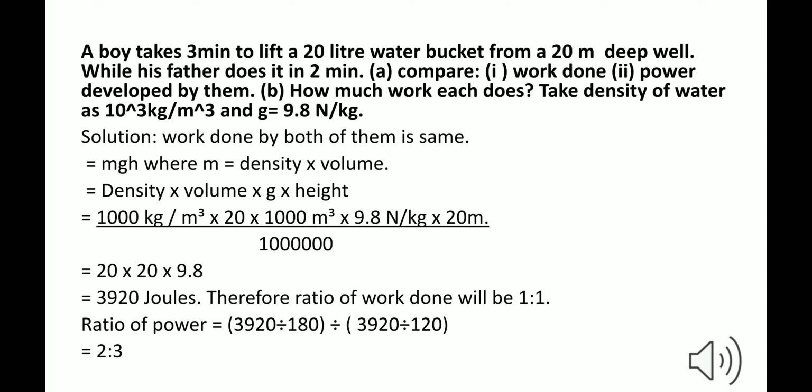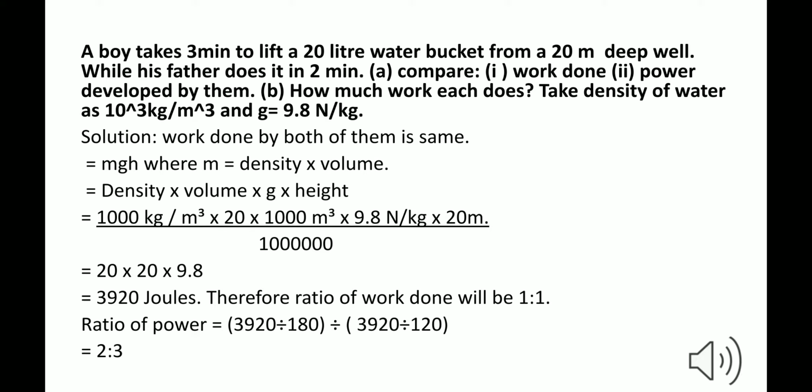Now 3920 joules will be written as 3.920 kilojoules, because we can write 3.920 into 1000, and 1000 is what? Kilo. So 3.920 kilojoules.